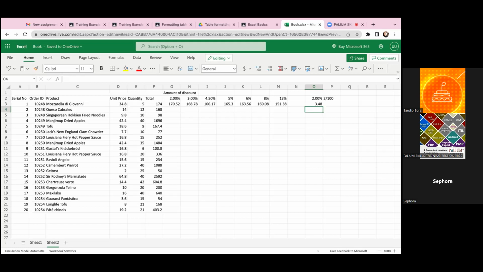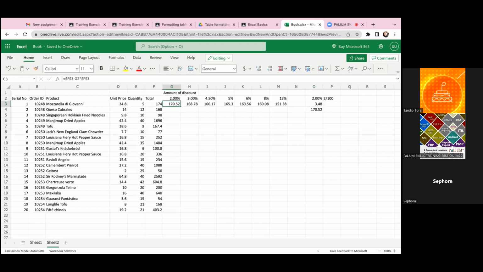So right there below 3.48, say equal to, click on 174 minus 3.48. Press enter. We're getting this, which is the same thing. Yes. I actually combined it in one step.